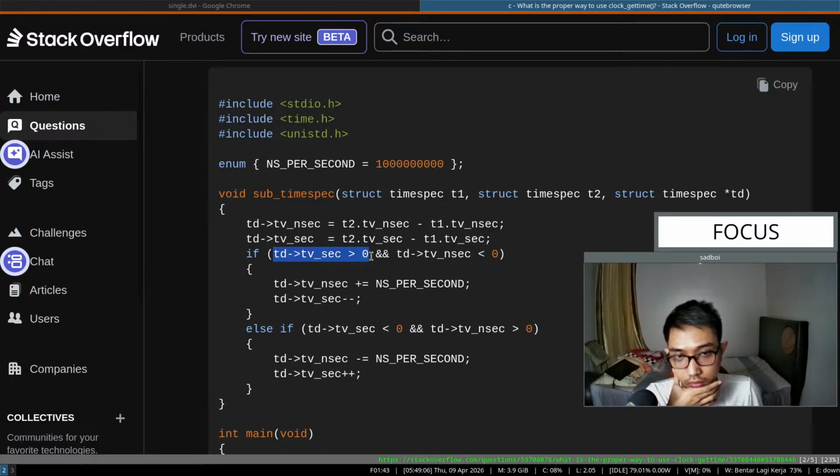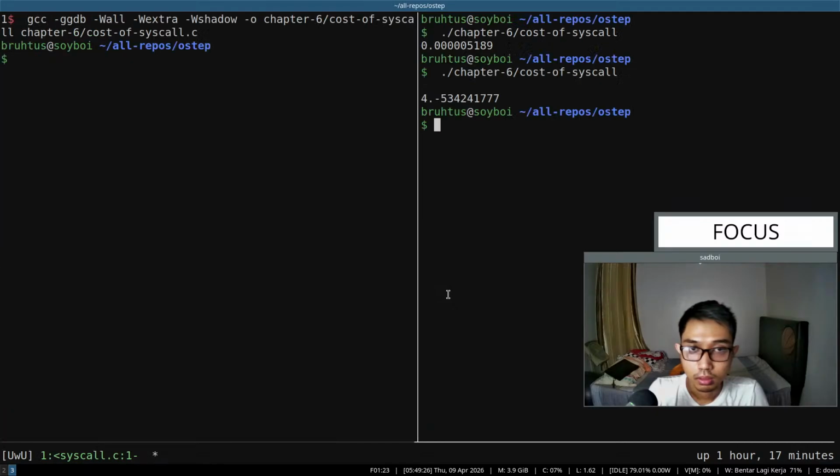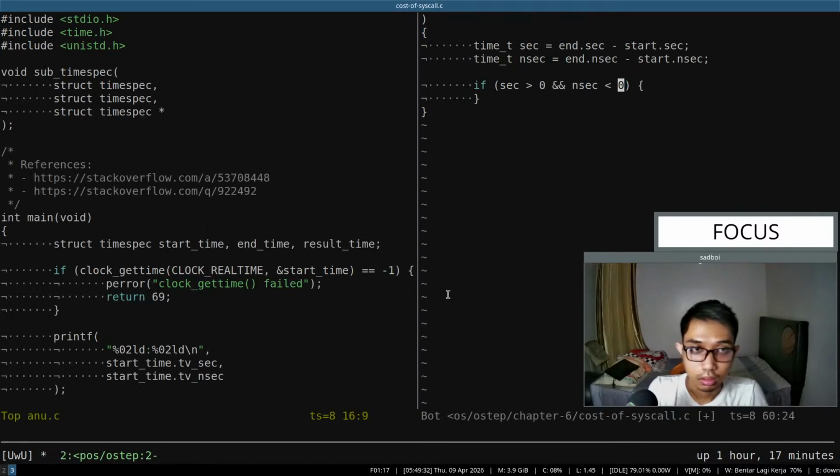I think this one, right? More than 0, but the nanosecond is less than 0. More than 0, the nanosecond is less than 0. And that is what happened in here.